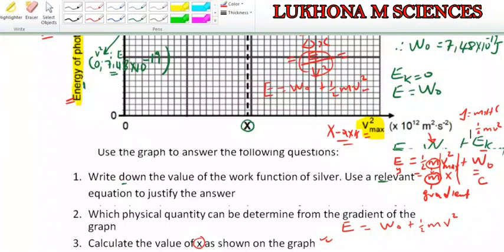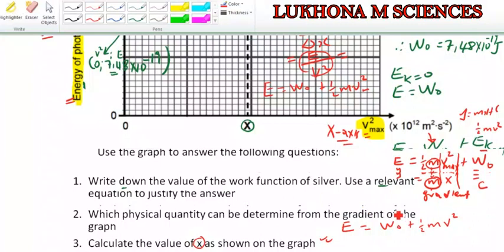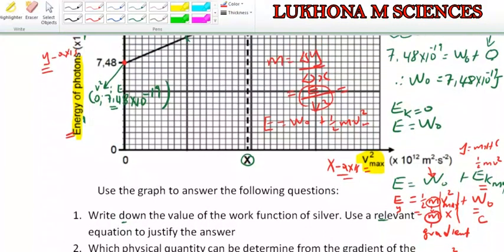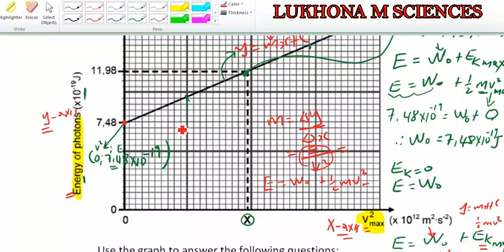Now if you look at this one, x is in place of mv squared. Okay, so let's go and check. Then x is equal to the energy, 11,98 times 10. So let's substitute.